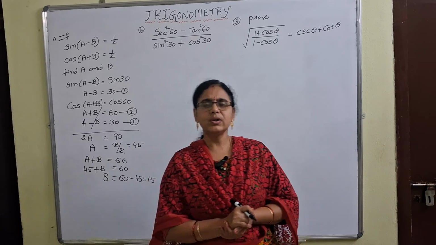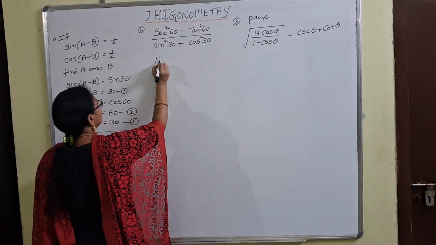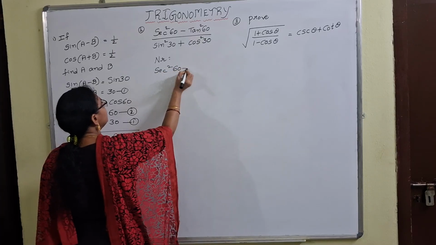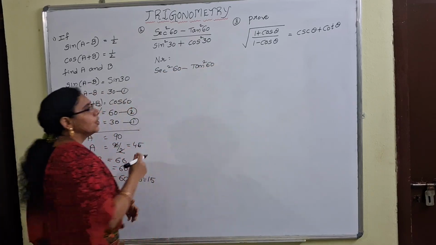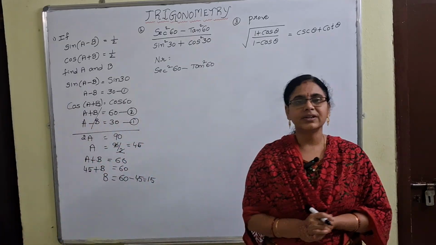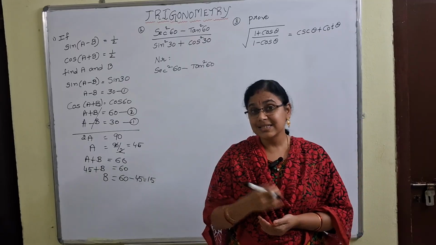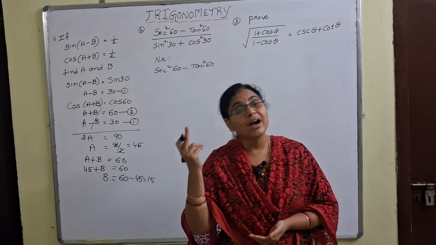Okay. So I want to go only with the numerator first. What is the numerator? Secant square 60 minus tan square 60. Do you know the value of secant 60? Yes, secant is the reciprocal of cos.